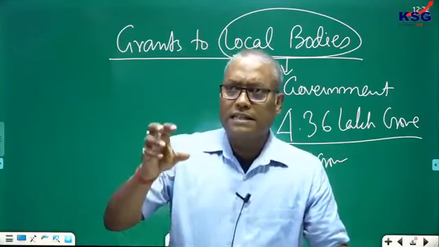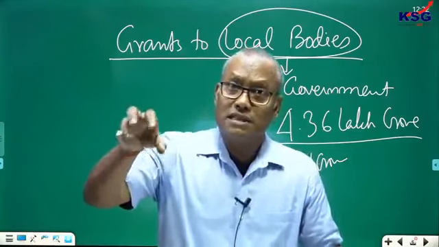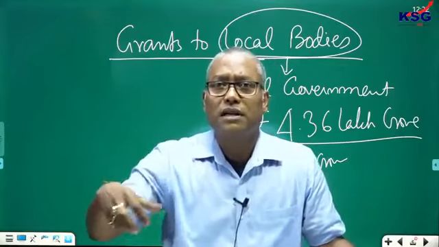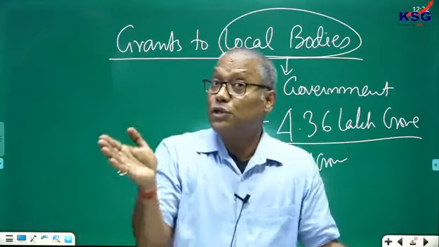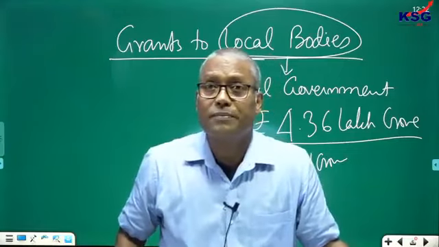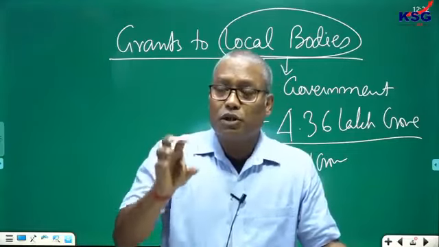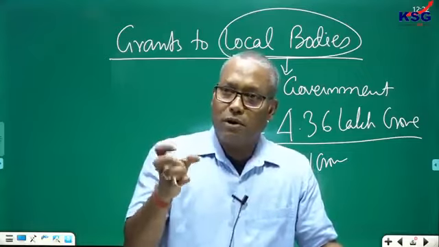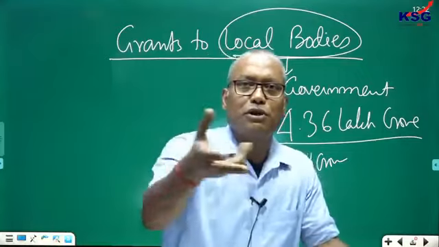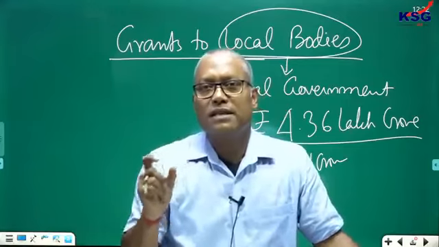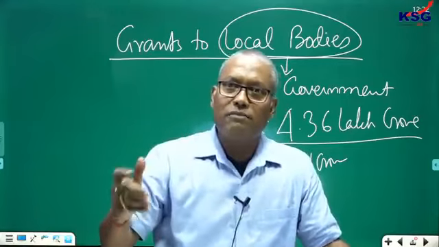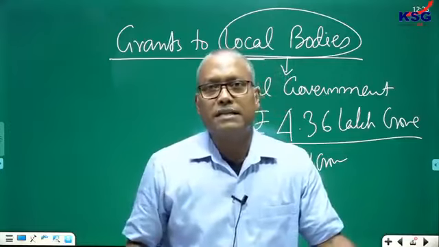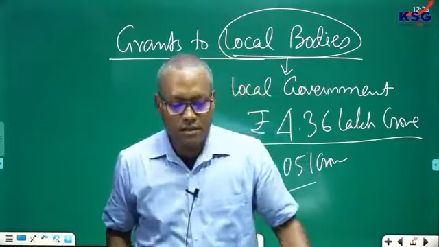You know that a state having more population can get more share. Similarly, if a local area has more population, it will get more share. The 90% is distributed on the basis of population, and 10% on the basis of the area of that particular local area. So you take the 10% amount and distribute it on the basis of the area that the local body has. More area, you get more share out of this amount. Less area, you get less amount for this variable. Clear to all here?